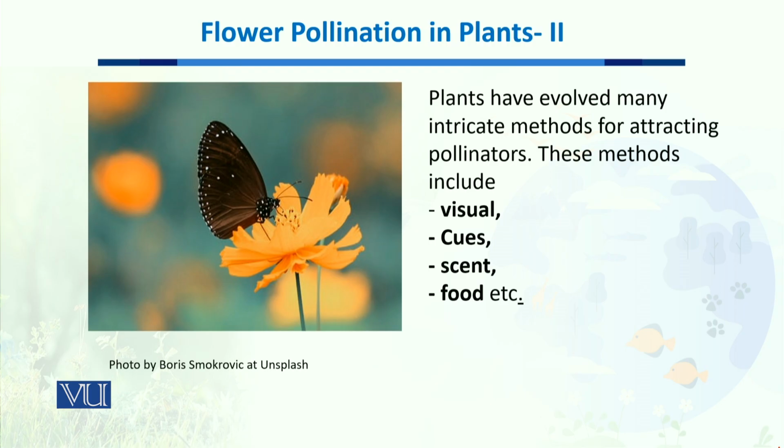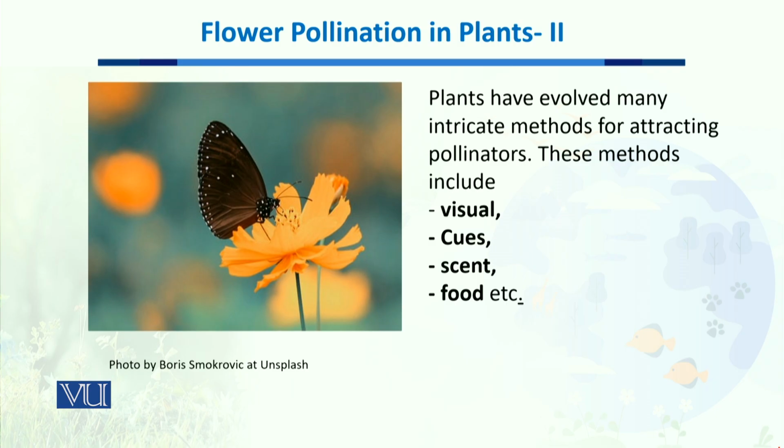Now, there are many intricate mechanisms which these plants have evolved in order to attract animals or pollinators. These methods include visual cues, and certain chemicals like scents and food. Flowers which are pollinated by animals have certain features.